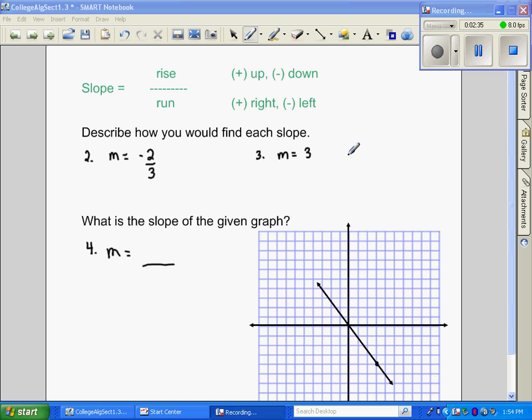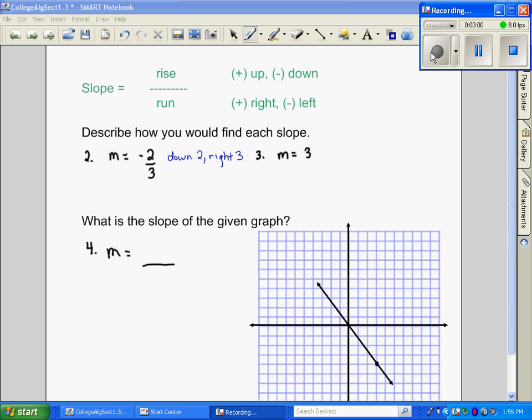So if I were asked to describe in number 2 how to find the slope m equals negative 2 over 3, I would go down 2 and to the right 3. Down 2, right 3.